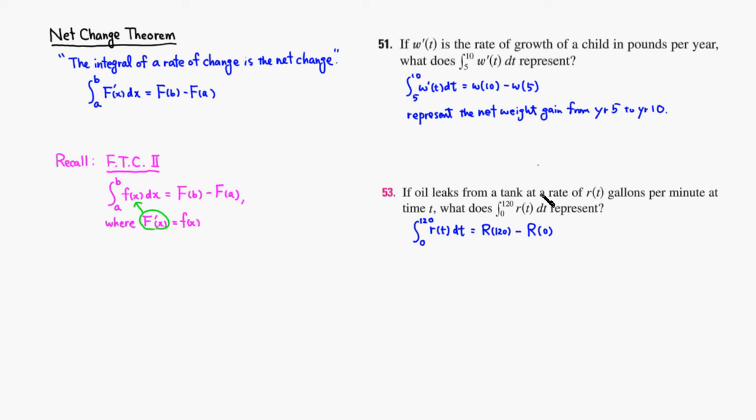Capital R is the amount of leak after t minutes. So R of 120 is the amount of leak after 120 minutes, and R of 0 is the amount of leak at 0, which we can consider to be 0.